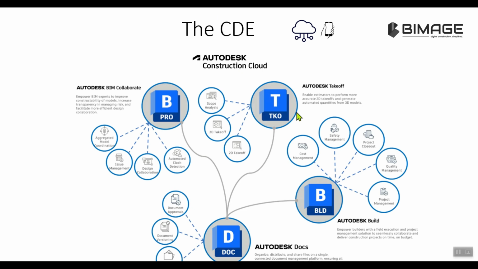After that we have Takeoff. Takeoff is meant for 2D and 3D quantity takeoff, quantity surveying, and estimation. And we have Autodesk Build. Build is mainly for site management and project management. Here you can see we again have cost management, safety management, project closeout, and quality management.